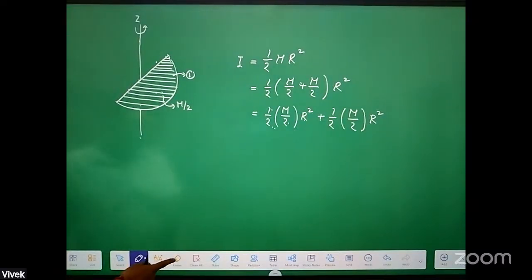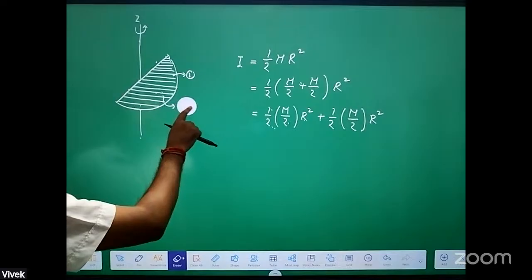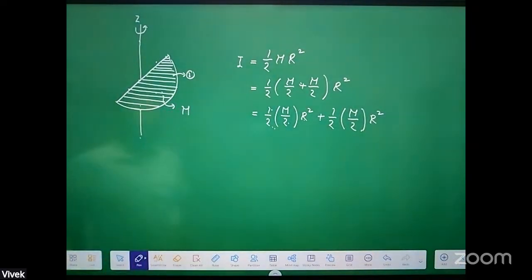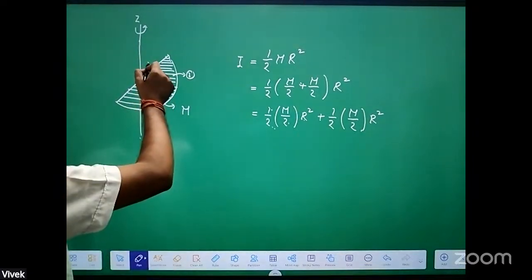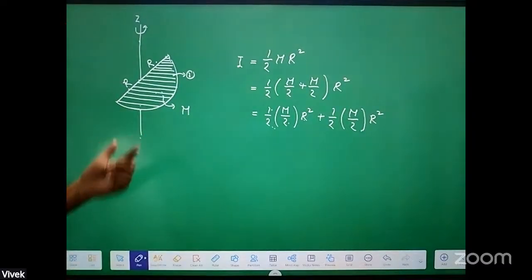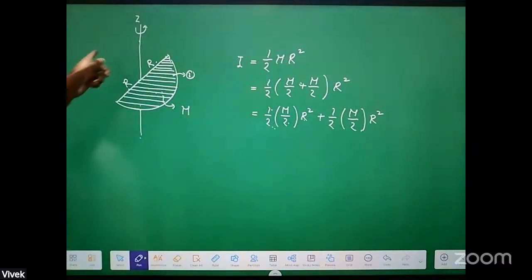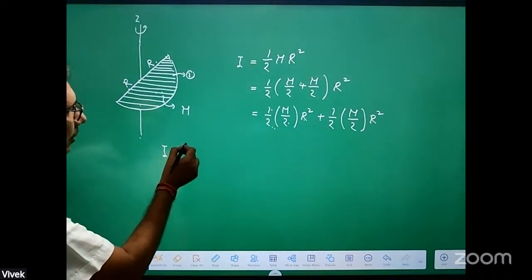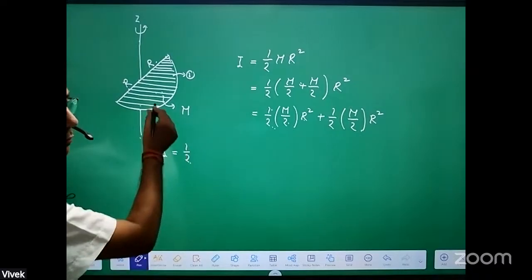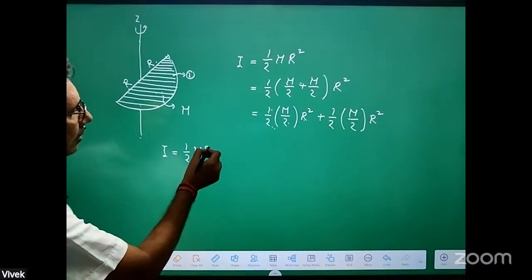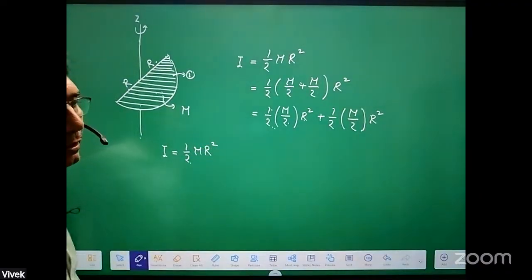And suppose now I'm saying its mass is m and radius is r. This is r, this is r. So what will be the moment of inertia of this half disk when it is rotating about the axis? So its moment of inertia I will be 1 by 2 mass of the half disk. Now this is m and this will be r². So the formula is not changing.